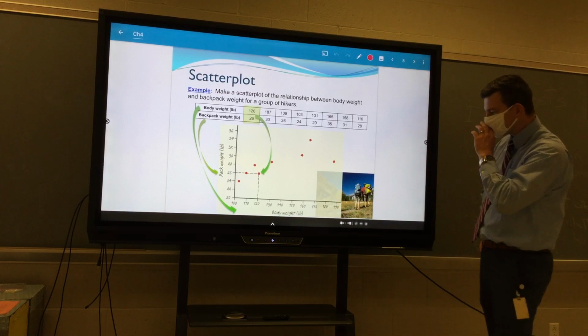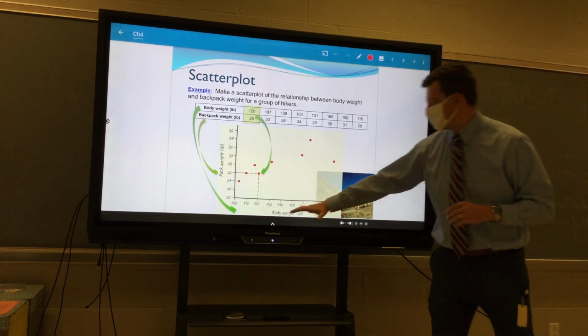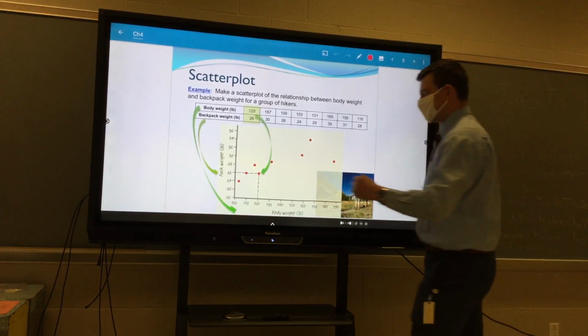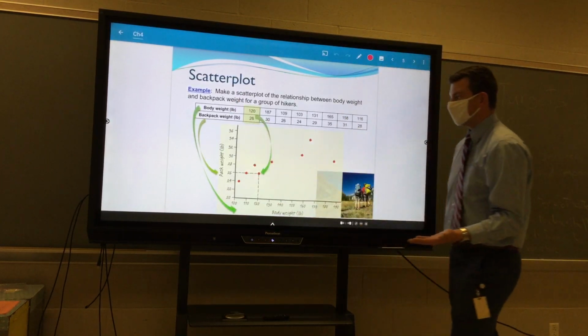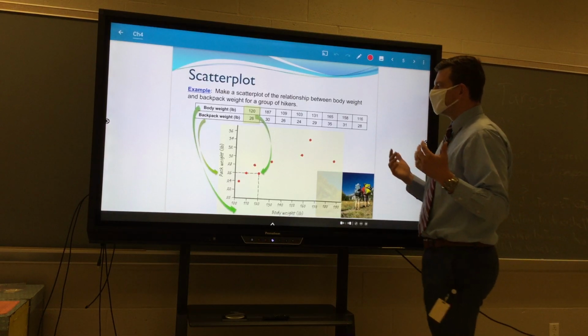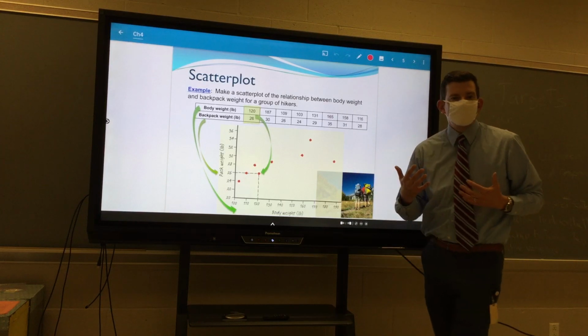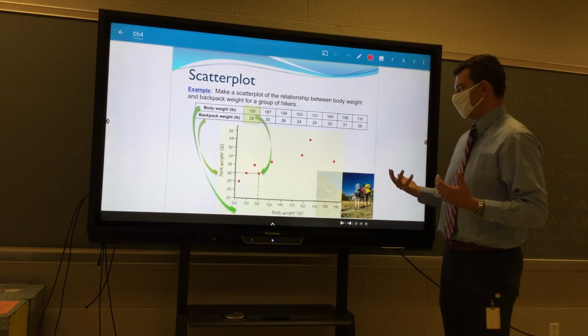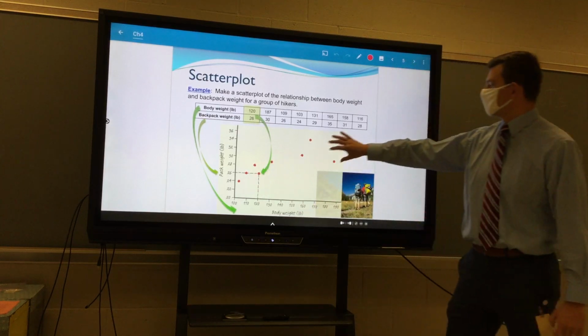But we have a relationship here between the hiker's body weight and the weight of the pack in pounds. So you would think that the heavier the hiker, the more weight that hiker could carry. And we see a little bit of a trend here.